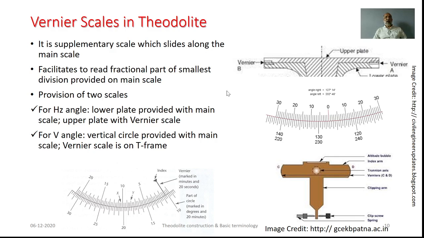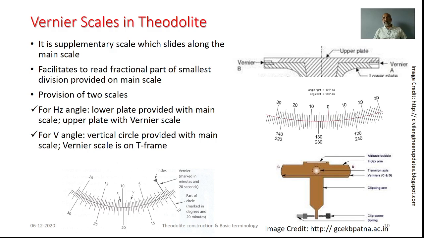There is a provision of two verniers for the horizontal scale as well as the vertical scale in order to enhance the measurement capability of the equipment.